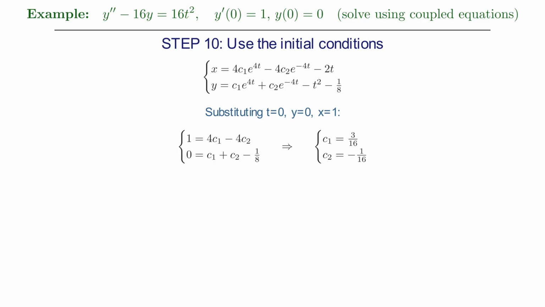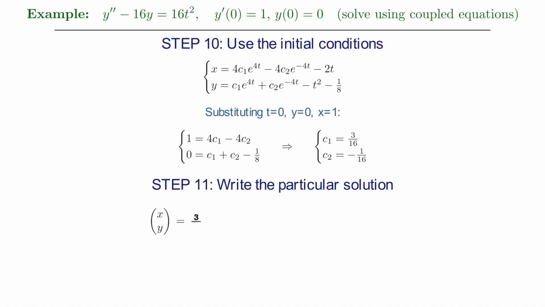And this allows us to write the particular solution. Substituting these values in, we get that (x, y) equals 3 over 16 (4, 1) e to the 4t, minus 1 over 16 (-4, 1) e to the minus 4t, plus (-2t, -t squared minus 1 over 8).